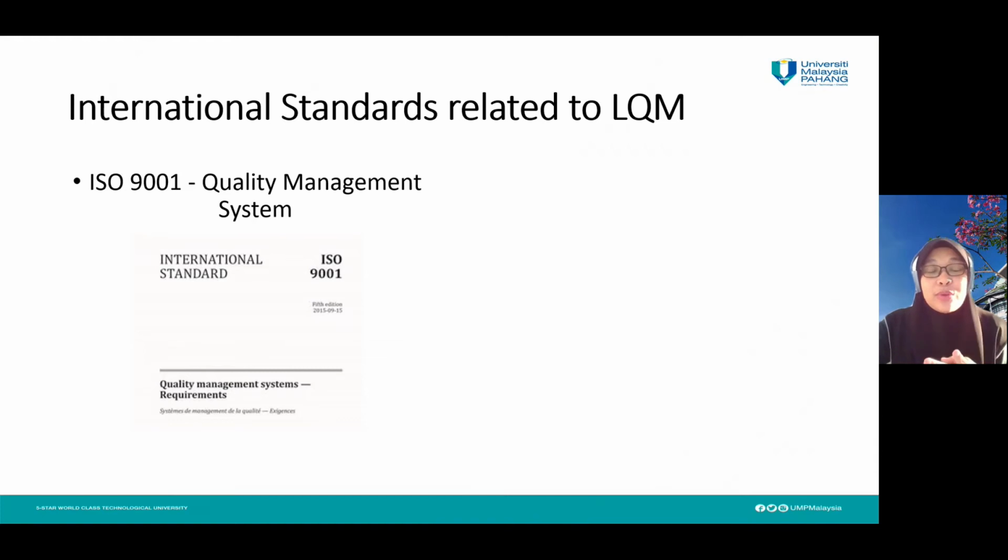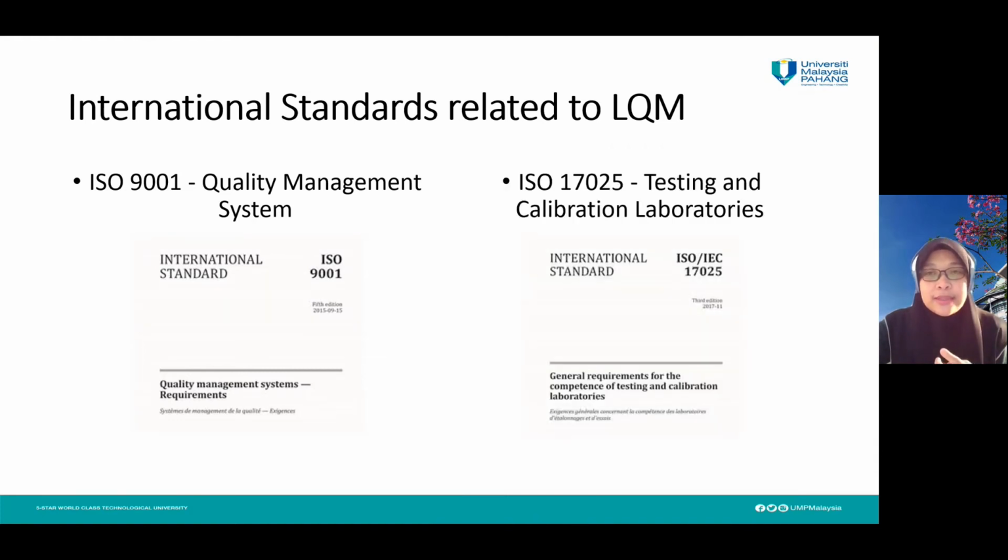So as I said, we have two ISO standards, okay, related to this laboratory quality management part. Okay, so ISO 9001, it is a general quality management system requirements. So semua department, okay, contoh kalau company ada financial department, ada quality control department, ada human resource department, okay, ada lab, ada production, ada engineering, ada safety.